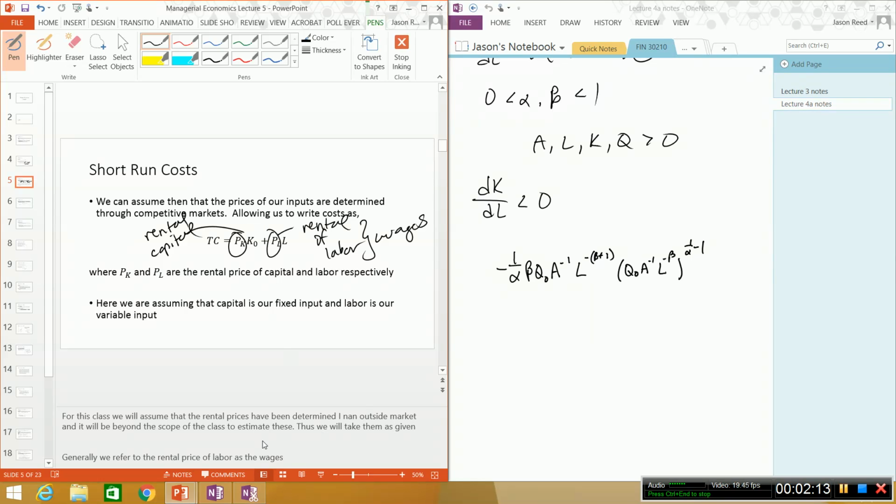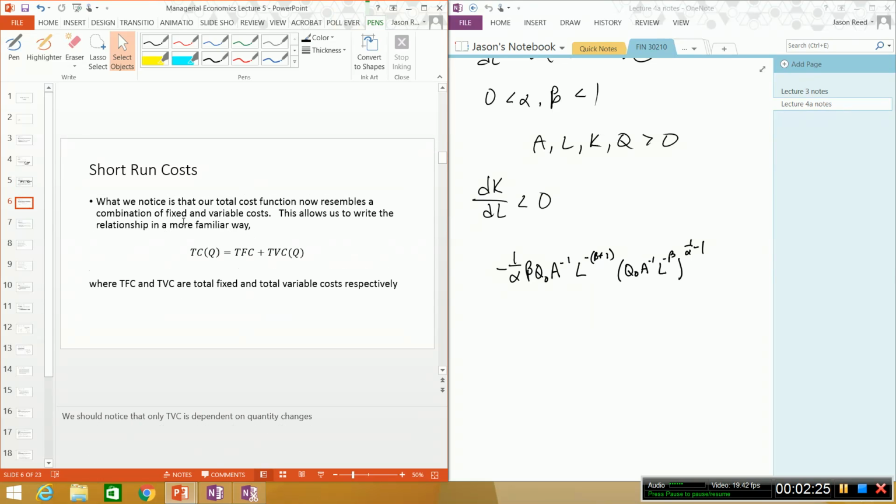Again, we're assuming that capital is going to be our fixed input, whereas labor is going to be our variable input, which makes a big difference for us. So we now have total cost, which can be looked at in a very general sense with capital and labor. We can also include the prices of capital and labor.